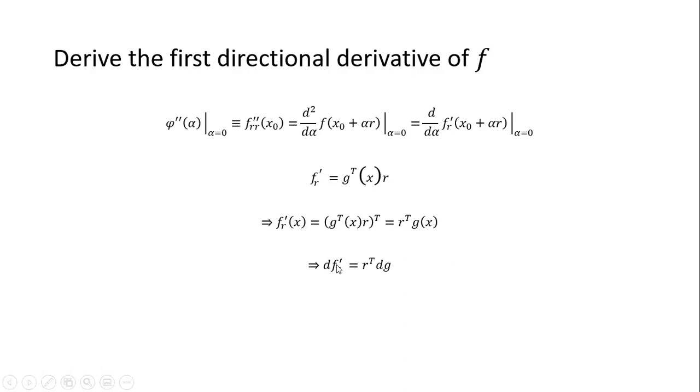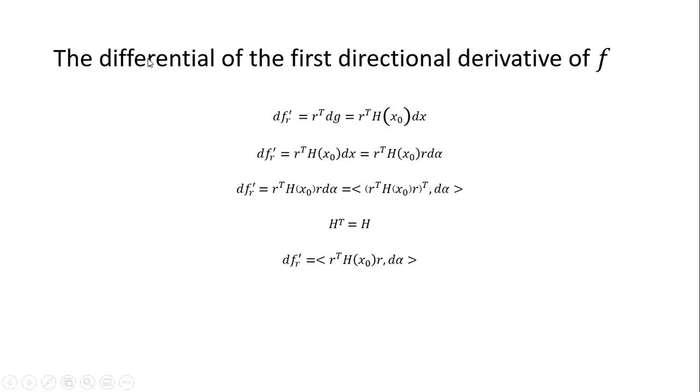Then we can conclude that the differential of the first directional derivative of f is going to be r transpose multiplied by the differential of g, since only g depends on x and r is independent of x. So the differential of the first directional derivative of f, as we saw, is r transpose multiplied by the differential of gradient g.